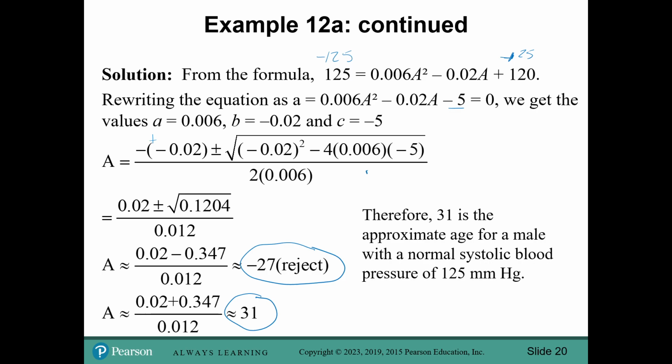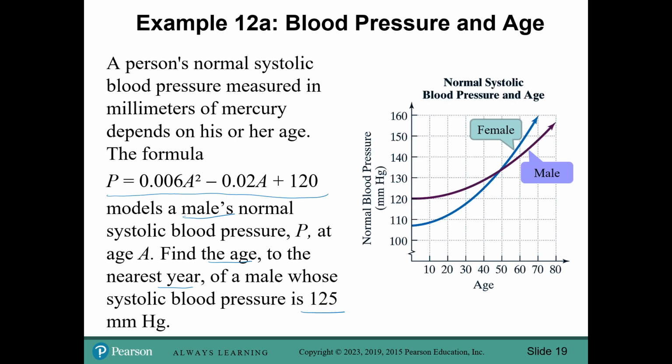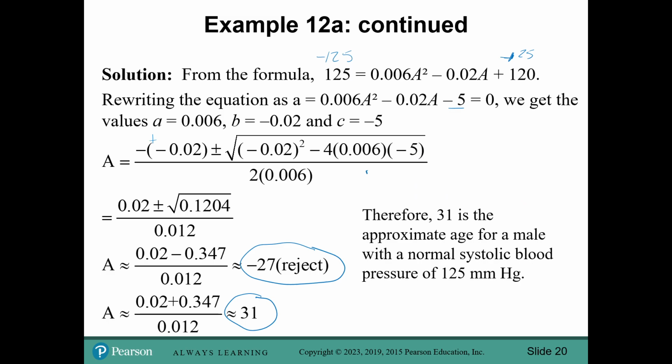But because this is a word problem, we have to think practically. Now, what are we talking about here? We're talking about a male's normal systolic blood pressure at age a, and we're trying to find the age to the nearest year of this man. Can a man be negative 27 years old?